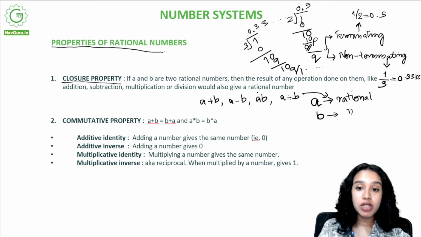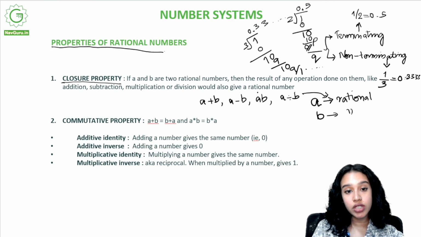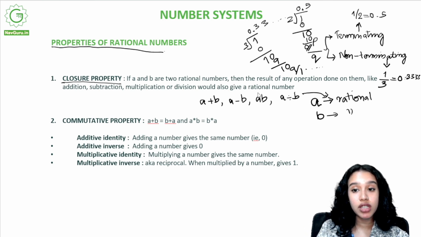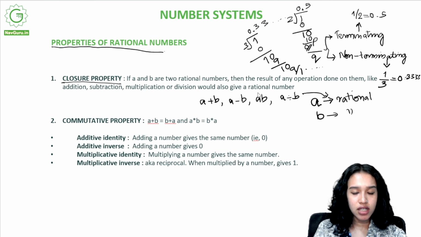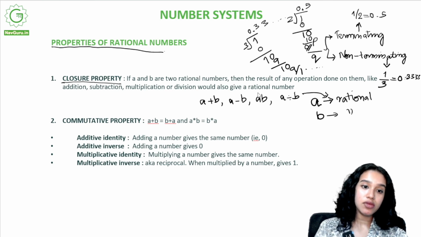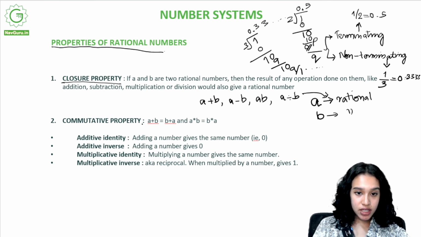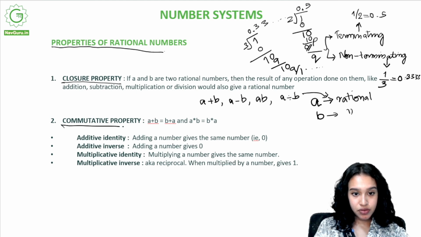So adding, subtracting, multiplication, division would give me a rational number if I'm doing it to two rational numbers. It's pretty much basic.